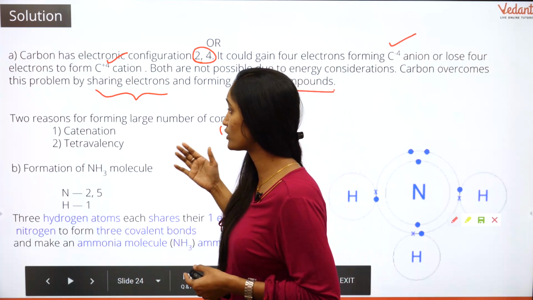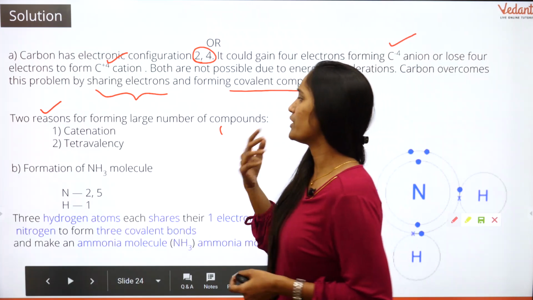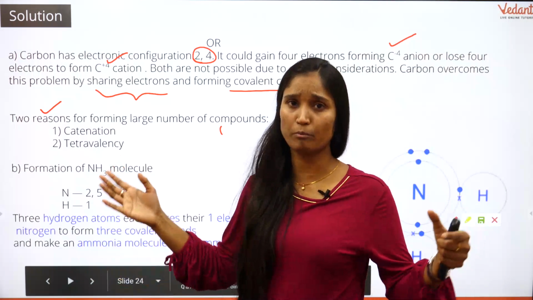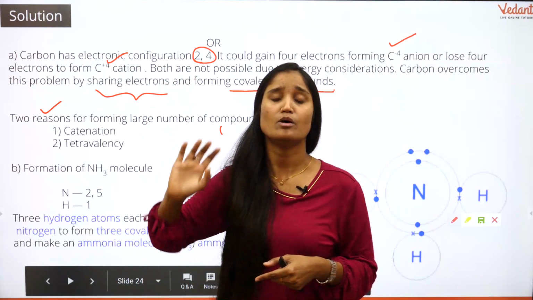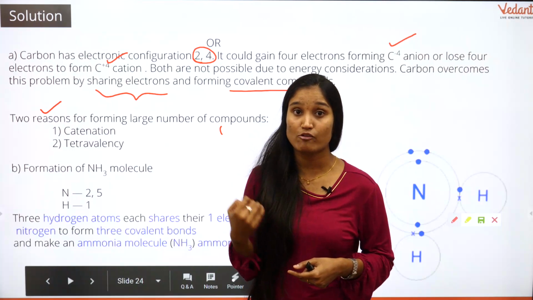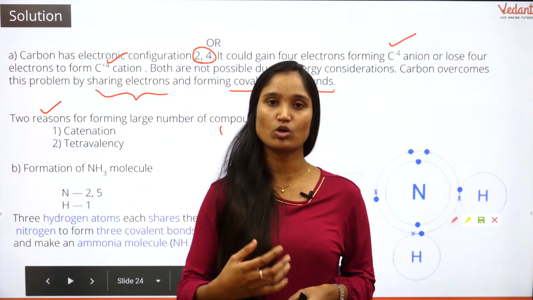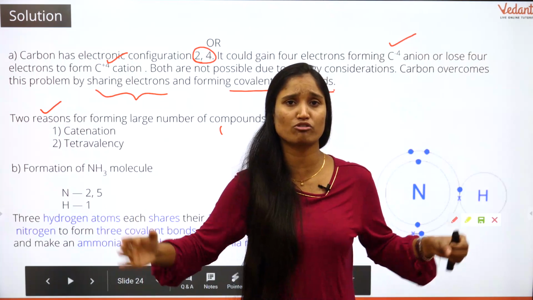Next, the next part of the question: what are the reasons behind some element being able to form so many compounds? We have some elements in the periodic table, the first one is carbon, but other than carbon there are some more elements, like silicon and oxygen, which can form the majority of compounds. What are the feasible conditions for something to form more bonds? 1.